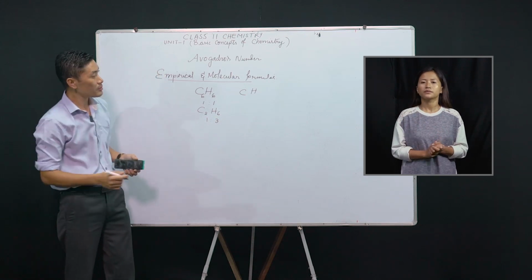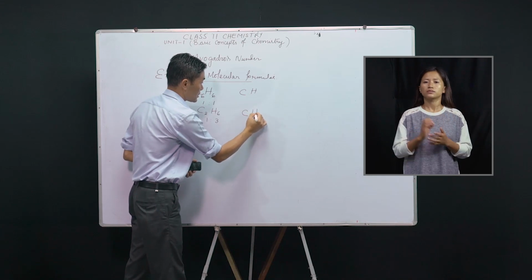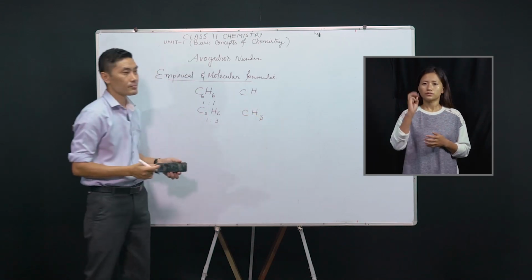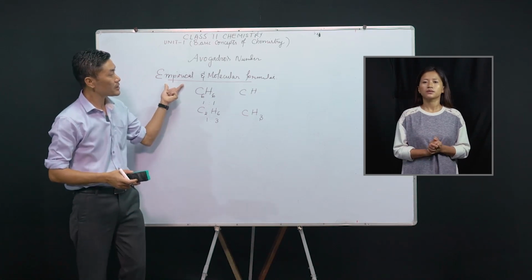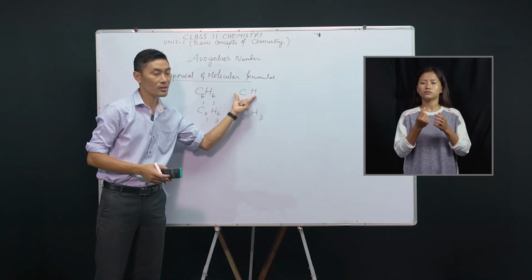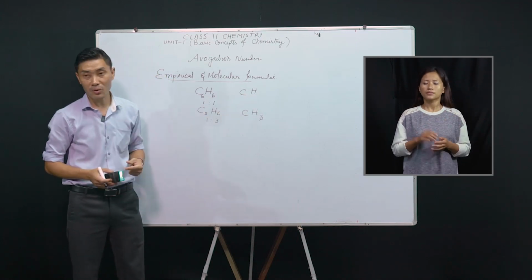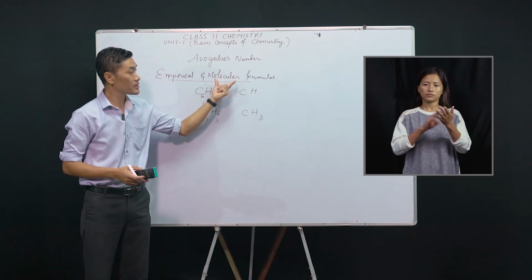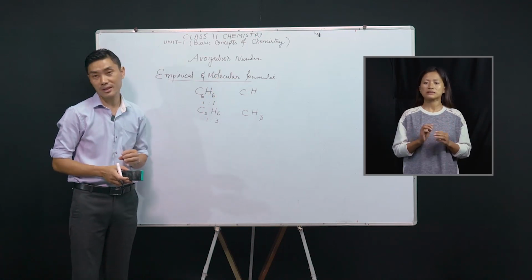Therefore, the empirical formula for ethane will be CH3. So once again, empirical formula represents the simplest whole number ratio of atoms of various elements in a molecule of a compound, whereas the molecular formula represents the actual number of atoms of each element present in the compound.